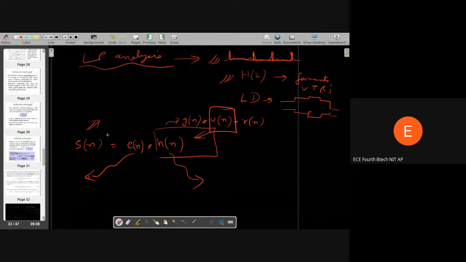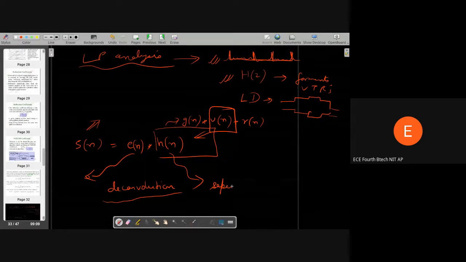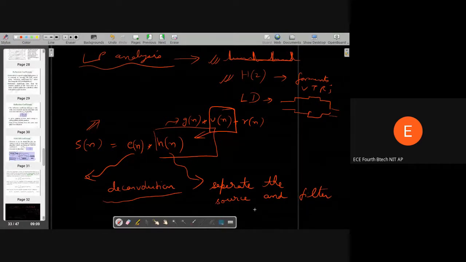This process is called deconvolution: how to separate out or extract the source and filter information from the speech signal.